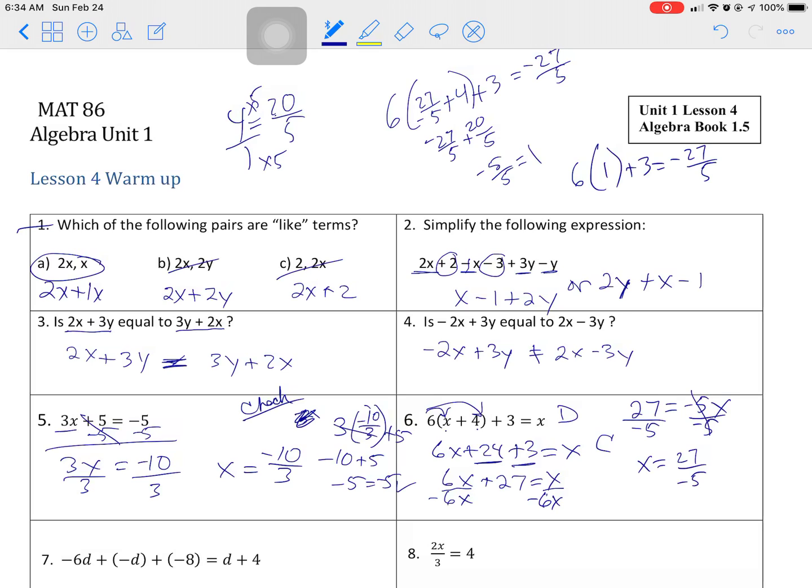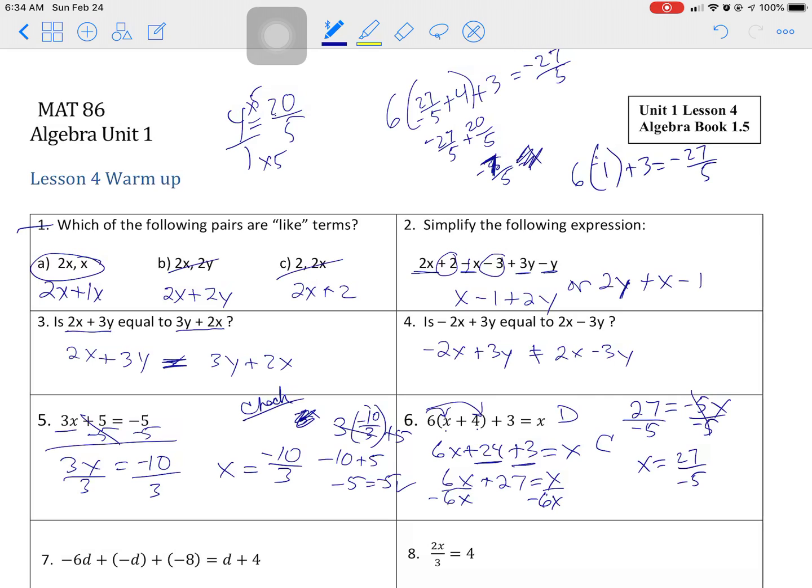Let me check. I do have the key, but I didn't check it, so. Oh, right up here, sorry, was a 7. See, this was a hard thing to check, I'm just telling you.